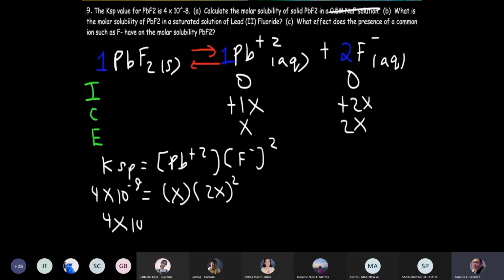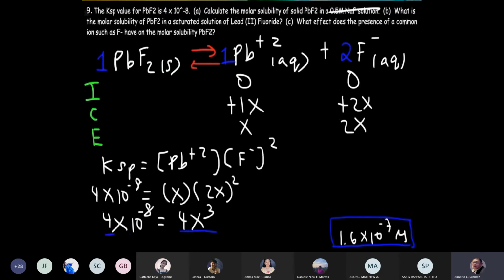Now 2x squared is equal to 4x squared, and 4x squared times x is 4x cubed. So our goal is to calculate x, which represents the molar solubility. Now keep in mind, for the previous answer, it was 1.6 times 10 to the minus 7. Let's see what the new answer is going to be for part B.